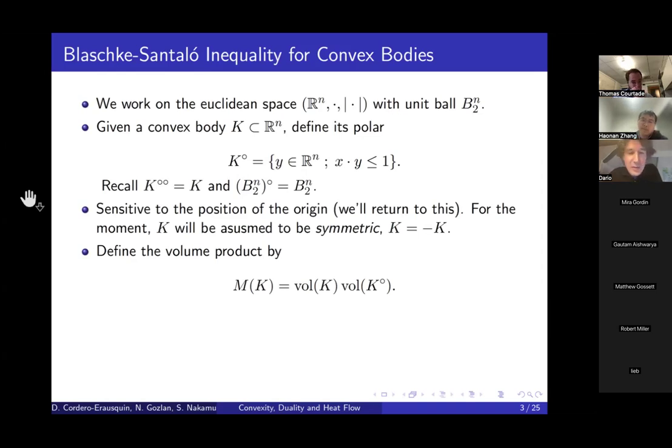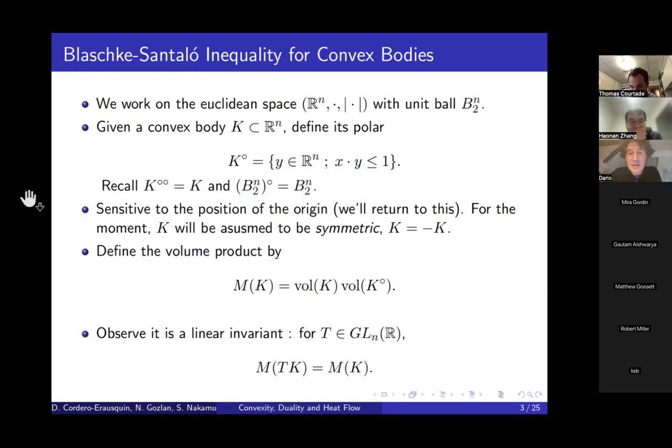And then you can define what's called the volume product, which is the product of the volume of K, here the volume is just the Lebesgue measure on Rn, times the volume of the polar body. And you can note that this has a nice property that it is a linear invariant, in the sense that if you apply an invertible linear map, it does not change.